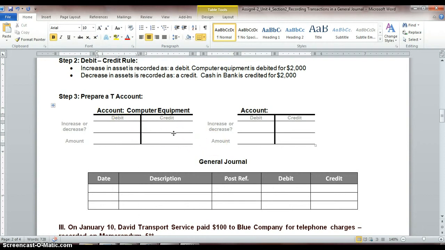This is an asset account, so it's going to increase or decrease on the debit side. Then we have our cash account, which also increases and decreases on the credit side. We said the amount was $2,000. Cash is going to decrease $2,000.